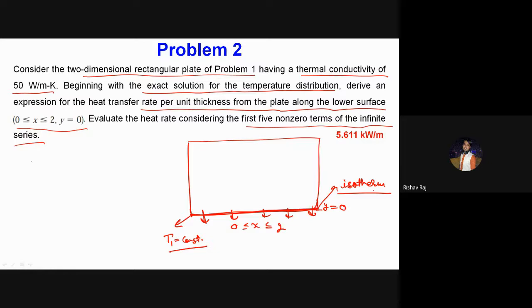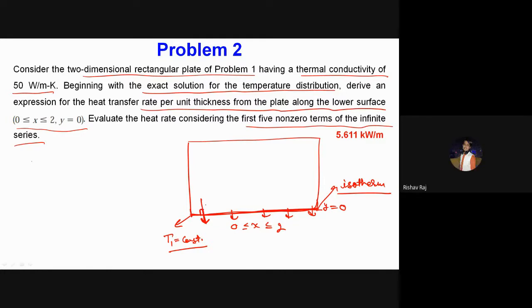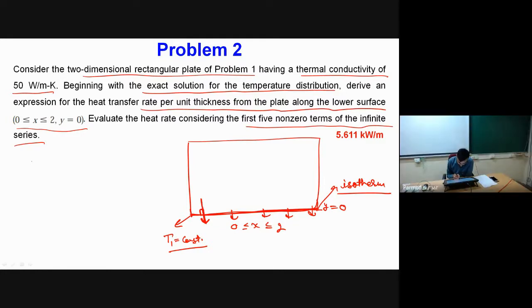If this is an isotherm, we know that the heat flux vector is always normal to the isotherm. Is this point clear? Yes, sir. So if the heat flux vector is normal to the isotherm, now can you tell me what will be the equation of heat transfer rate for this?